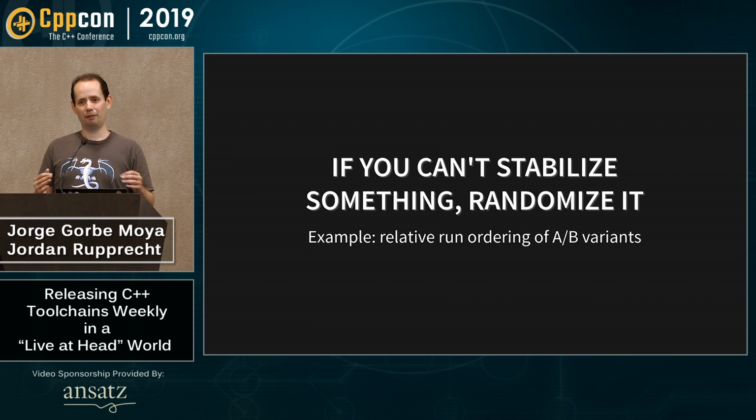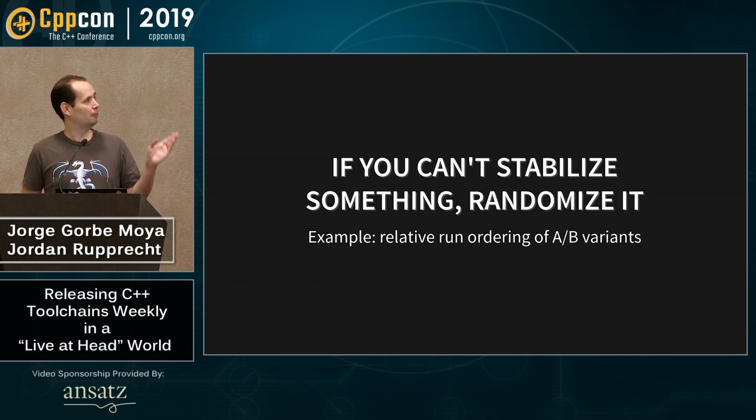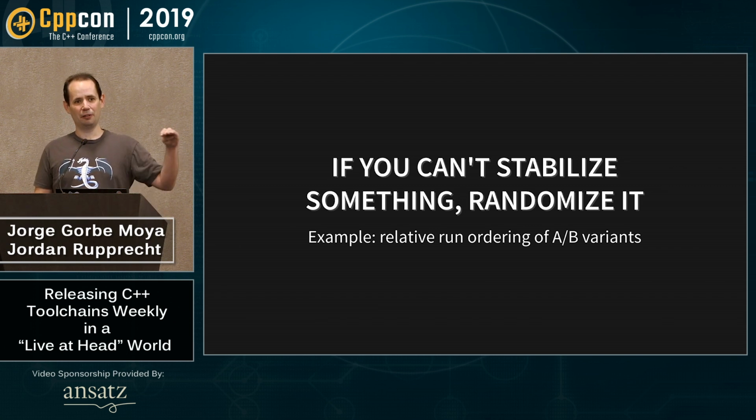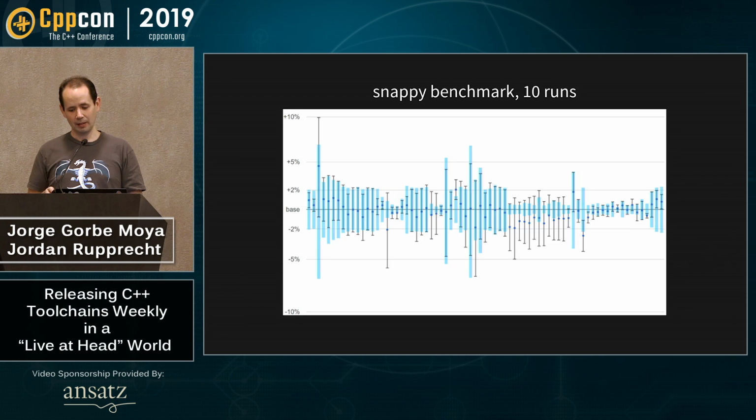In those cases, if you randomize the effect, you can spread the noise around, and you will have noise instead of bias, which is a little better. For example, we had some issues where we did 10 runs of A, 10 runs of B, and they were different. If you interleave them in a random order, then whatever's causing this thing will be spread across the two variants.